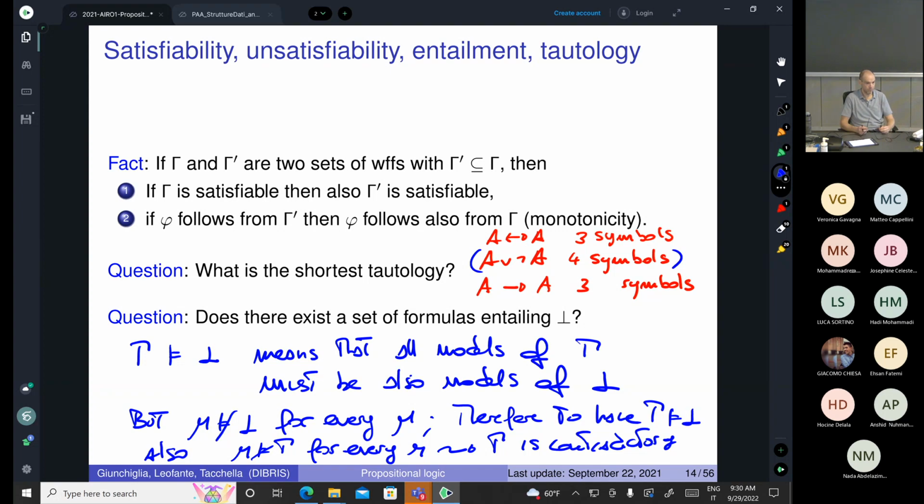For instance, what your colleague was suggesting was A and not A, or any contradictory set of formulas. This means that, as we were saying before, if you push a contradiction in your knowledge base, then you can deduce everything, including falsity.